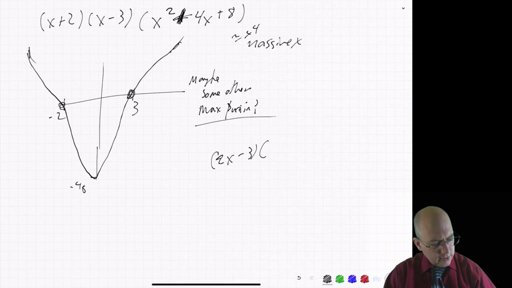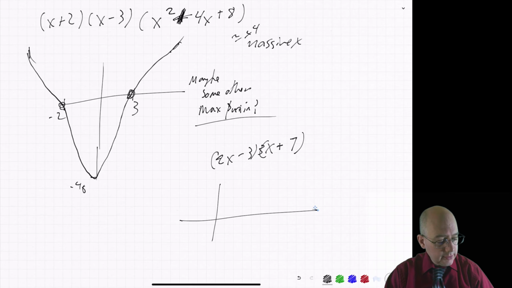2x minus 3 times 3x plus 7, it's not entirely a pleasant thing, but x over, so 3 halves would be a 0, and 3x plus 7 would be 7 over, let me just change this.